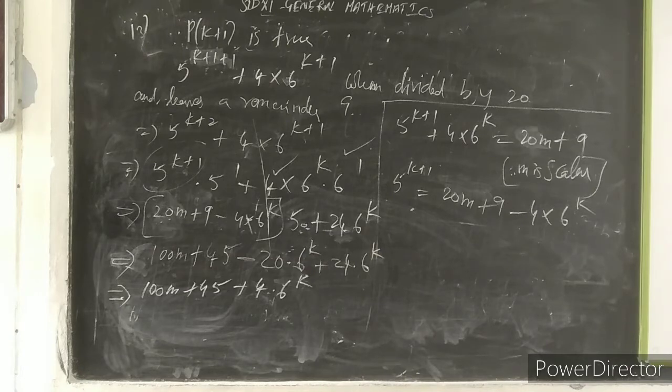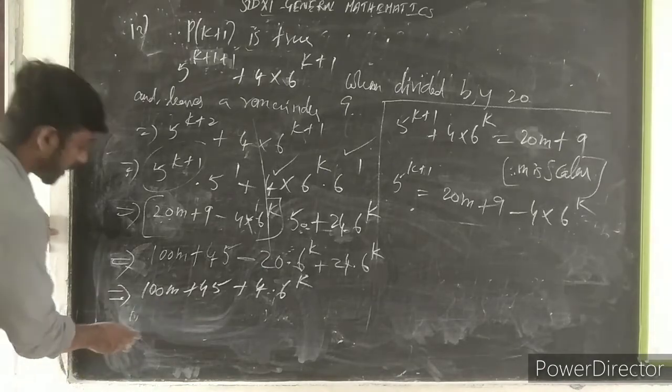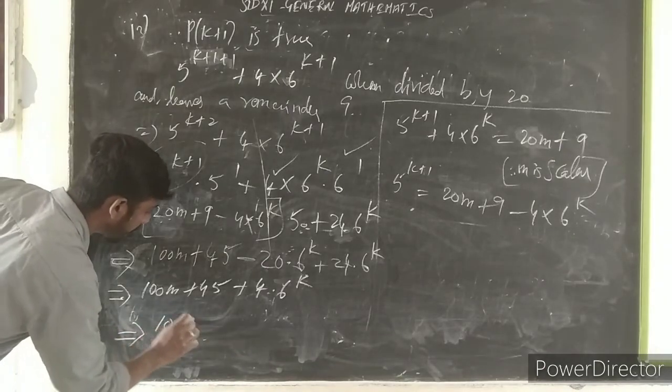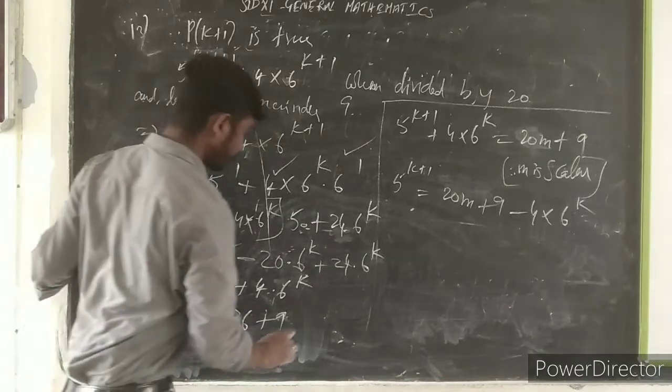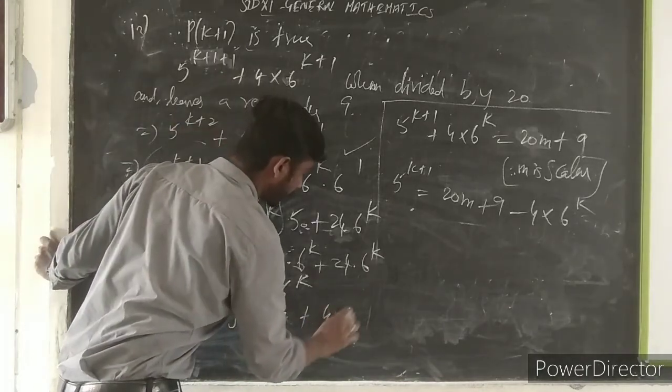Now, right here, we split the 45 value. Split the 45, that will be 36 plus 9. So you split up the value: 100m plus 36 plus 9 plus 4 into 6 power of k.